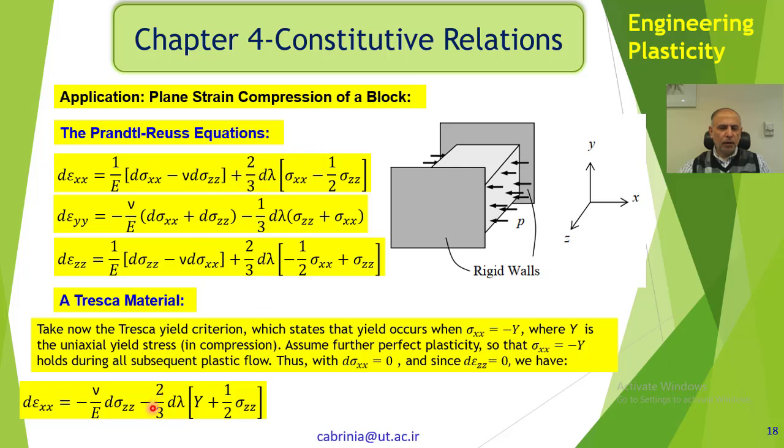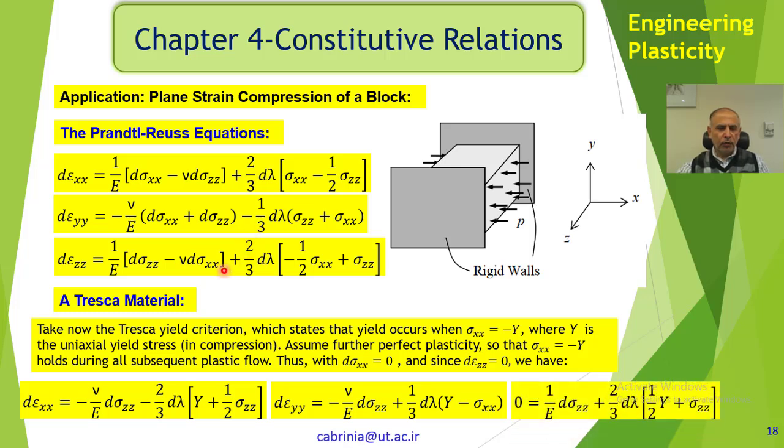For the second equation, the epsilon yy, we again have sigma xx constant, minus Y, and therefore here we get minus mu over E d sigma zz, and in here we put sigma xx equal to minus Y, so minus times minus is plus 1/3 of d lambda Y minus sigma zz.